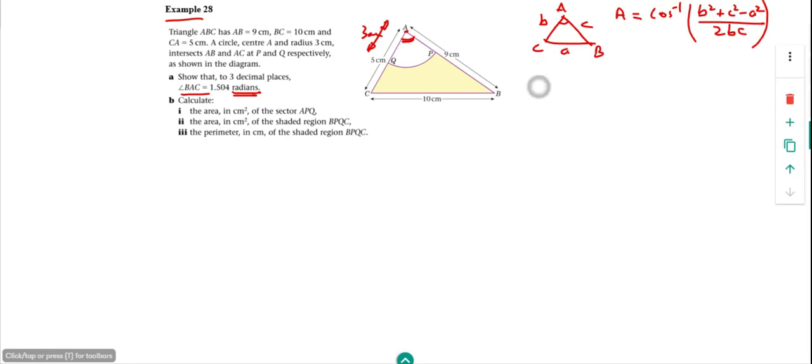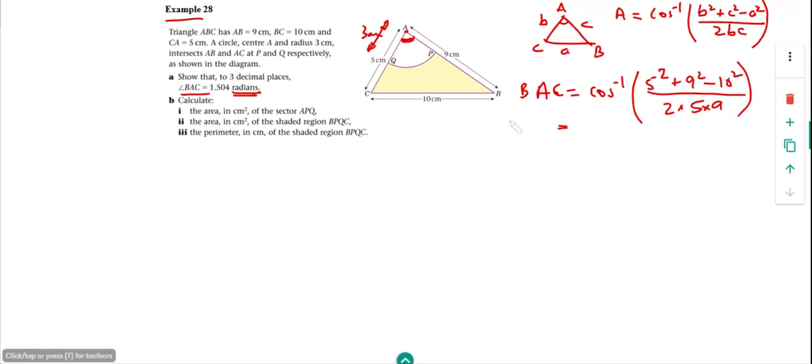So in our case, this angle here, or BAC as it's given in the question, is cos minus 1 of B squared, which is 5 squared, plus C squared, which is 9 squared, minus A squared, which is 10 squared, and then all over 2 times B, again the 5, times the 9, which is C. If we make sure we're in radians mode, we will get 1.504 radians. So make sure you're in radians mode when you're doing that, otherwise you'll get the wrong answer.